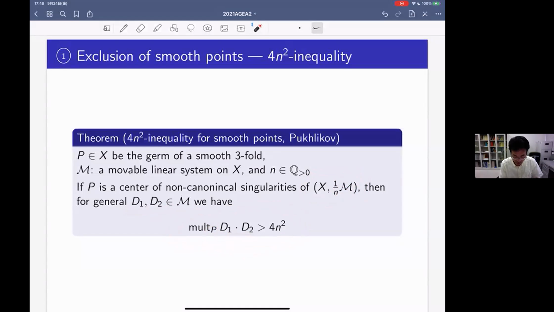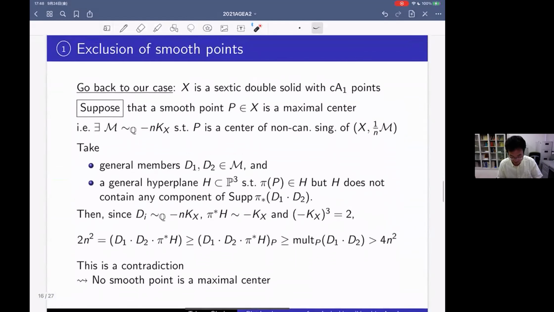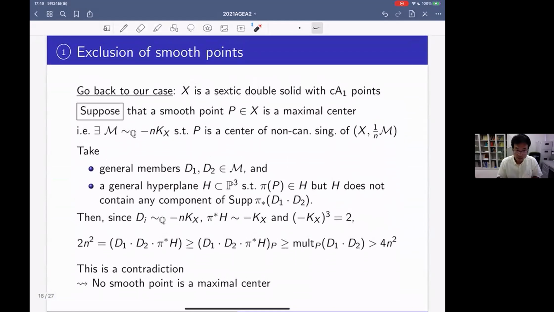The exclusion of smooth points on sextic double solids can be done by simply applying this theorem. Let me explain the proof. Go back to the sextic double solid case.